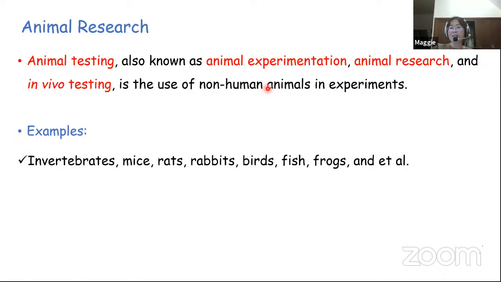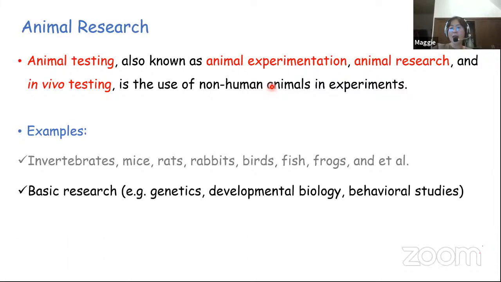For example, we use invertebrates, mice, rats, rabbits, birds, fish, frogs, and so on for the experiments. It can be found in basic research, for example, the study of genetics, developmental biology, and behavior studies. All these studies belong to basic research that can use animals.